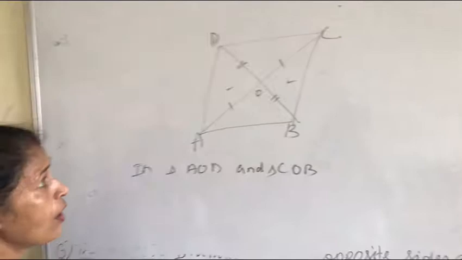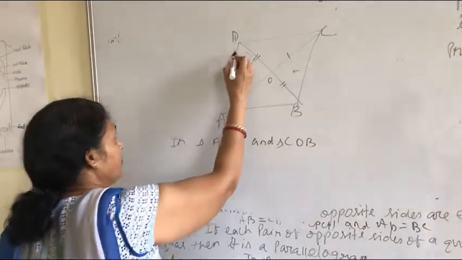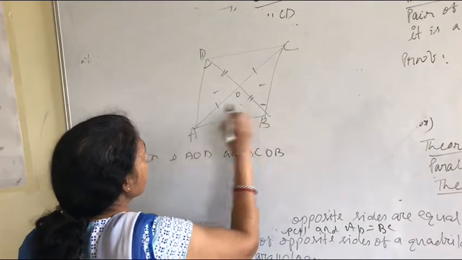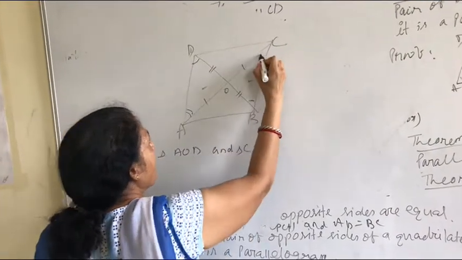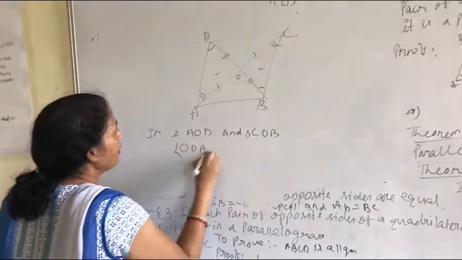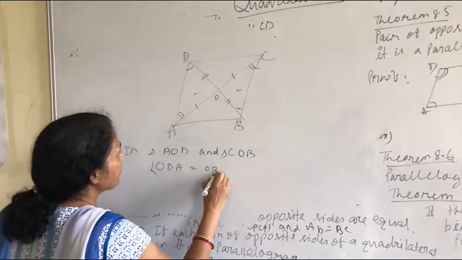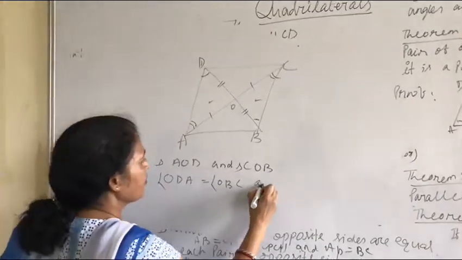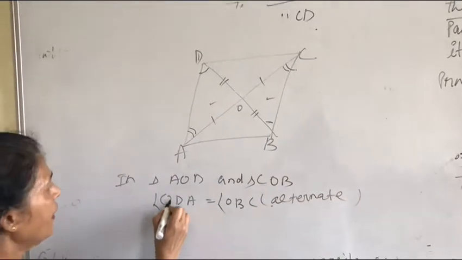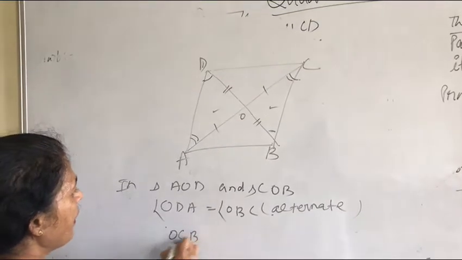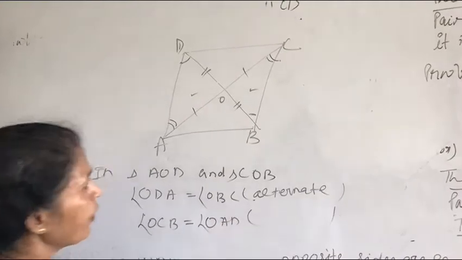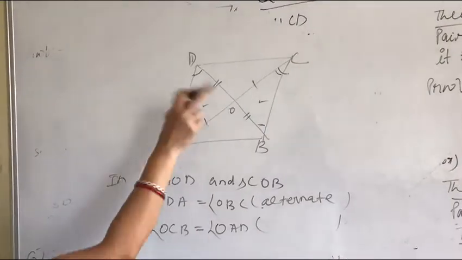So how can you prove this one? Angle ODA is equal to angle OBC, alternate interior angles. Then angle OCB is equal to angle OAD, also alternate interior angles, because it is a parallelogram, that means these two lines are parallel.